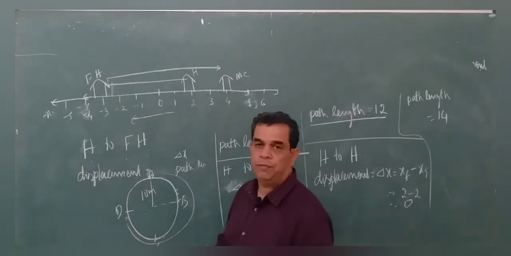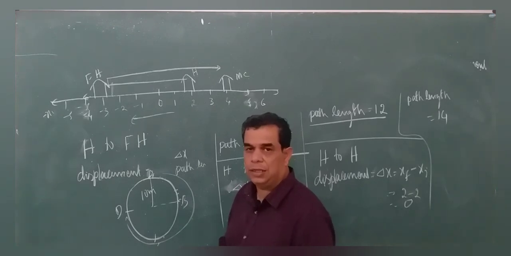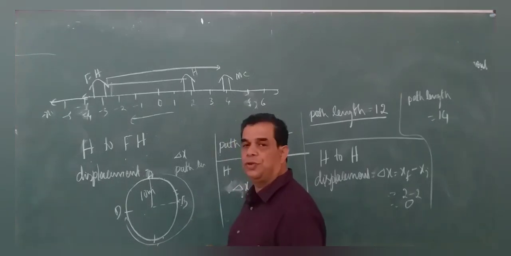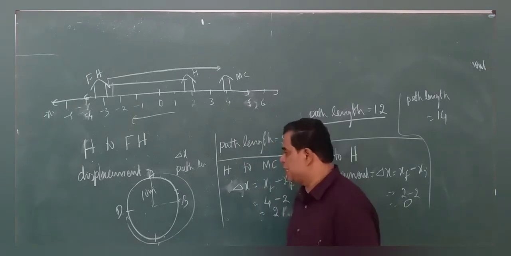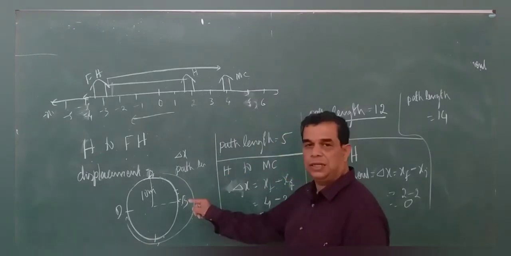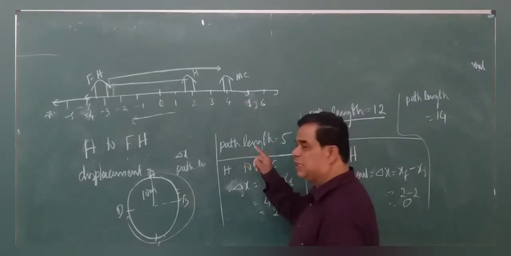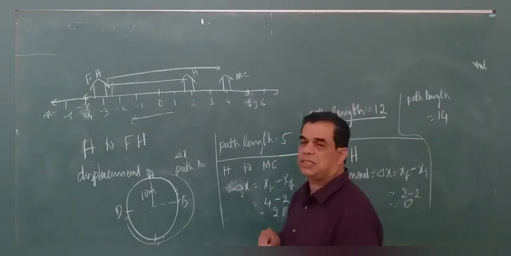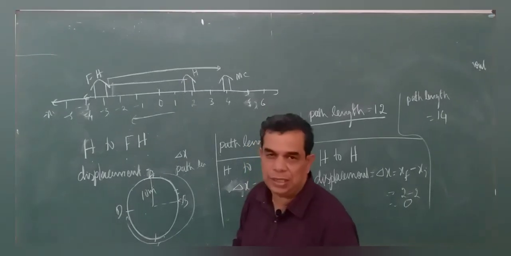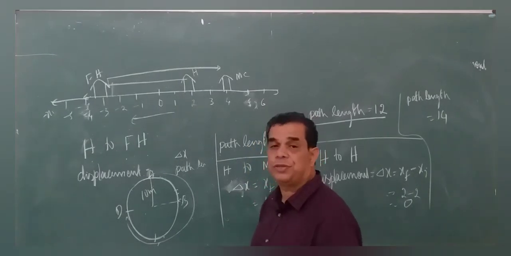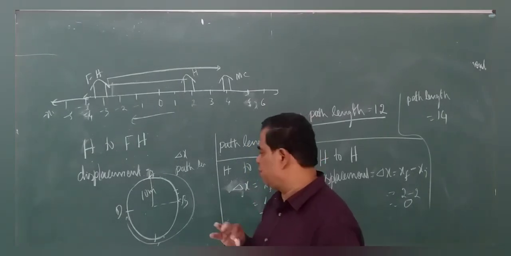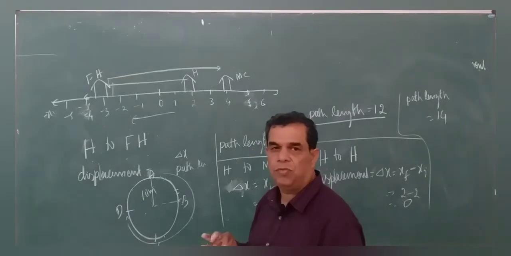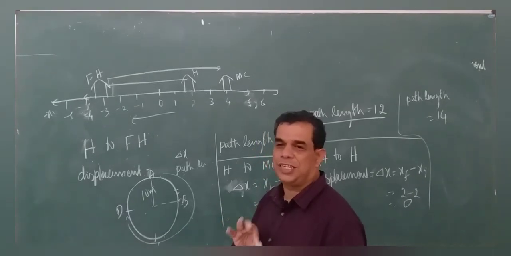By the next session, please do that problem. It's a nice problem if you have understood path length and displacement calculation. Also remember, it requires your basic geometry idea, otherwise you will not be able to solve this. But geometry is not very tricky there, very simple. It is what you must know to take up the science class.